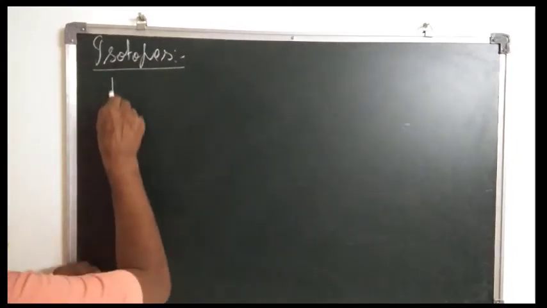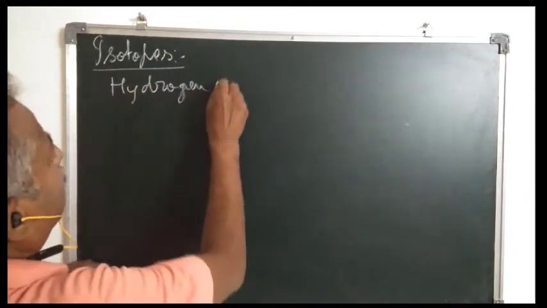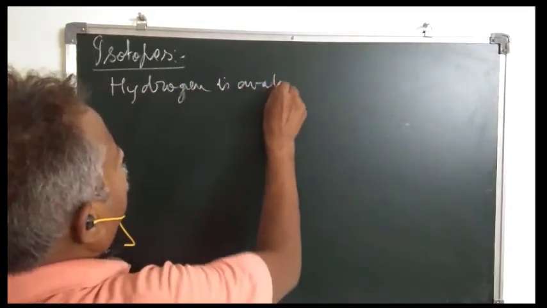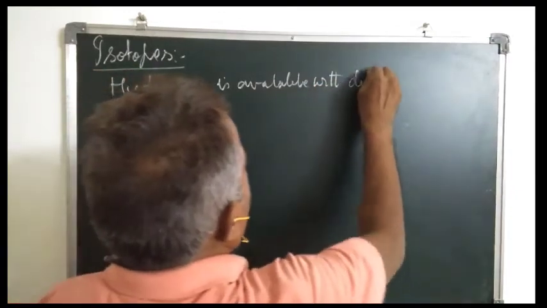Isotopes. Let us start with an example. Hydrogen is available with different mass numbers.